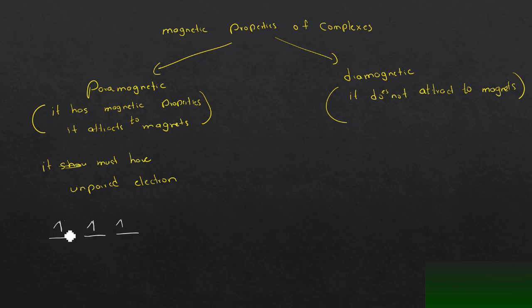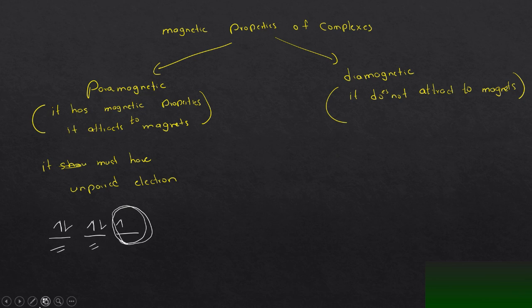I'm going to fill this up like this. This one has an unpaired electron, and these are paired electrons. So if my complex is paramagnetic, it must have at least one unpaired electron. In this case it does not have an unpaired electron. If there is an unpaired electron, then it is a paramagnetic property. So this is the basic concept of paramagnetic and diamagnetic.